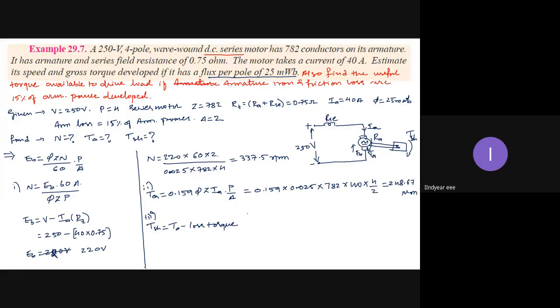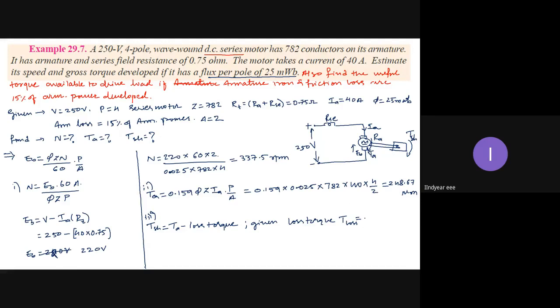So what is given here? Given loss torque, that is T loss, is 15% of armature power developed. Armature power developed or armature torque developed, both are same.